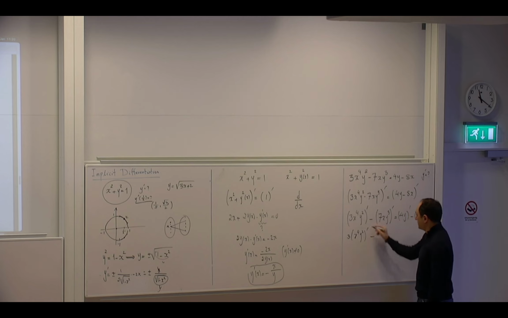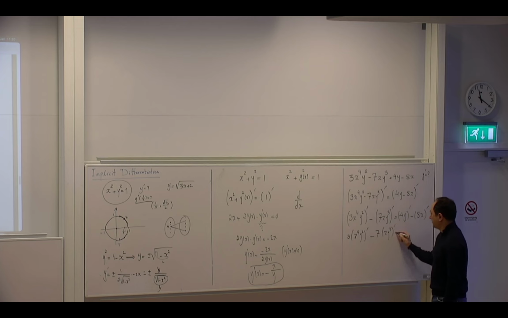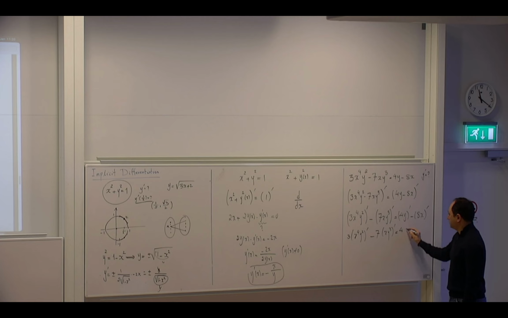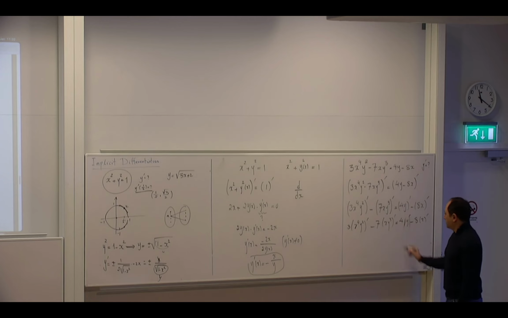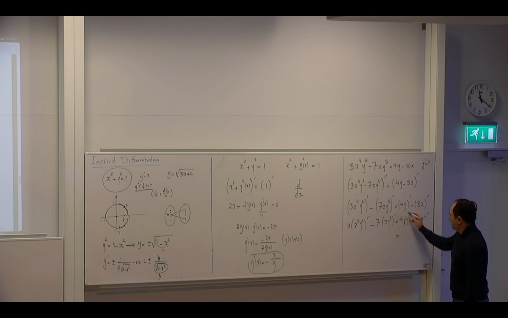So the 7 goes out, 4 goes out, so there is nothing here, so it's y prime. And then 8 goes out, and then I have x prime. Okay, so if I want to write all the details. Okay, so the right hand side is easy. There is nothing I can do here, but this one is 1. So the right hand side is finished.